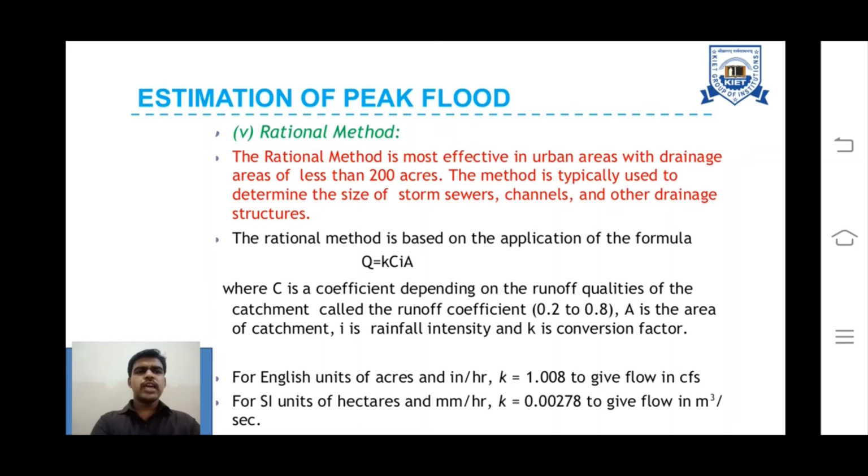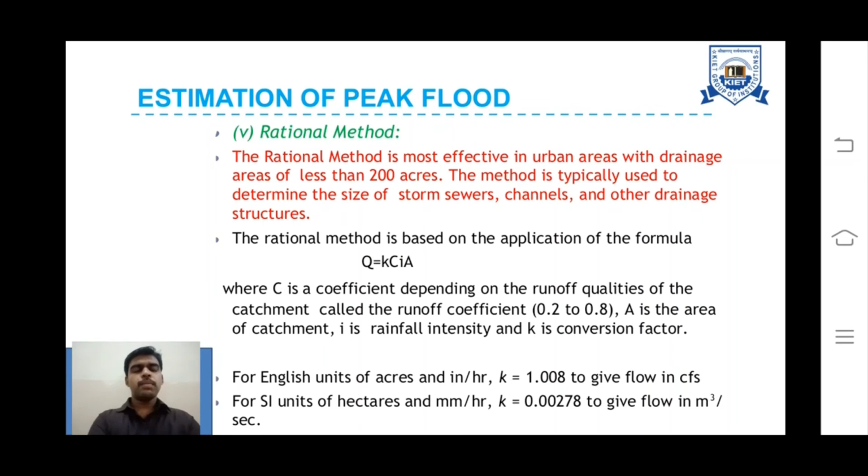For English units, K is 1.008 to give flows, and for SI units, K equal to 0.00278. While doing calculations in the rational method, these units can be used.